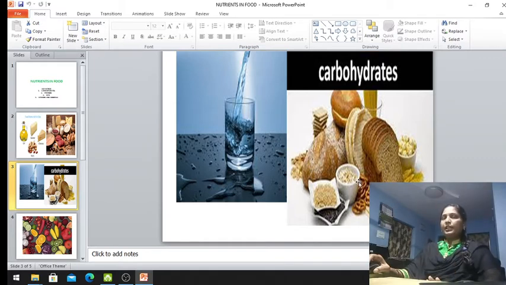Then compare: in your lunch, dinner or breakfast, have you found any cereals like bread, chapati, potato, wheat? These all come under carbohydrates, the nutrient called carbohydrates. So find out from your table, did you eat any carbohydrates on this day?